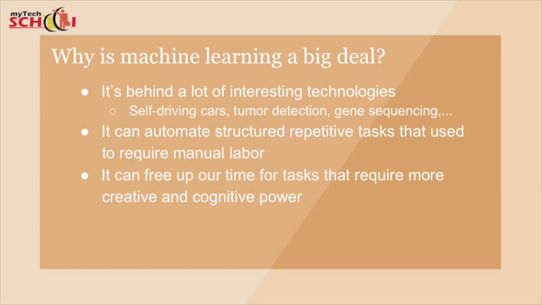Because of this, it could free up our time for tasks that require more creative and cognitive power. So, I believe that machines could never absolutely replace humans, but it could empower us by freeing up our time for higher level thinking, and enabling us to do more because we have more resources on our hands.